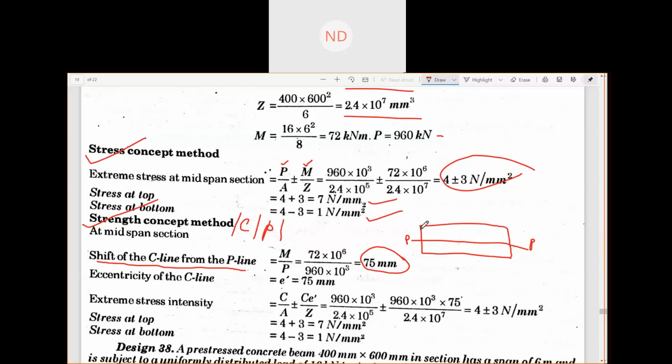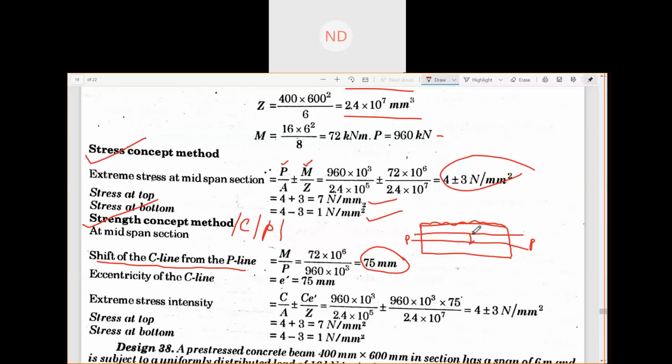Now due to this loading, what will happen? The C line from the P line is going to shift, and at a distance of how much? M by P, that is 75 mm. So it is somewhere here, which is 75 mm.